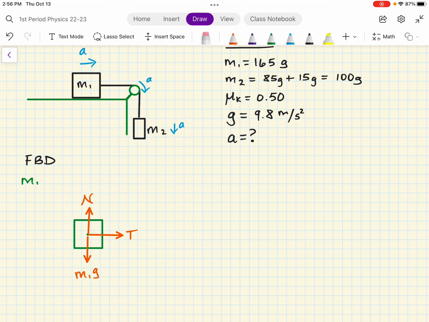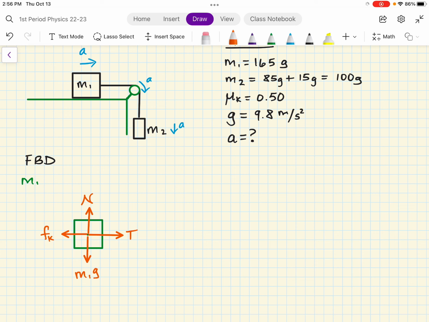In this case, friction is a little smaller than tension because we have acceleration to the right, which means tension is, you can think of, winning, right? Tension's winning, so we have acceleration to the right. And that's the force of kinetic friction. So friction, kinetic.